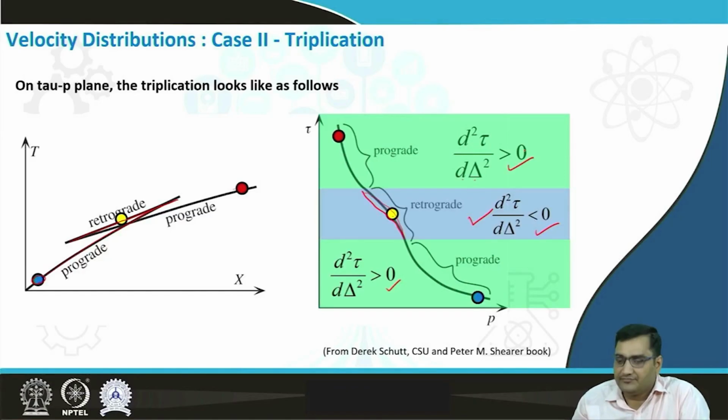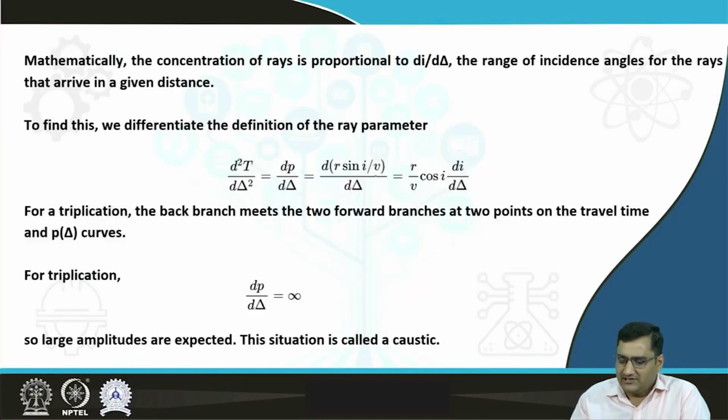Now, mathematically, the concentration of the rays is proportional to di by d delta, where i is the incident angle. So we can say, the range of incident angle for the rays that arrive in a given distance.